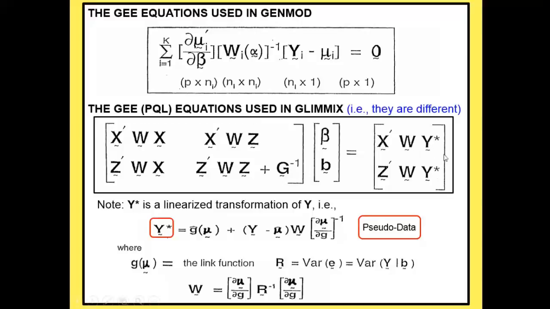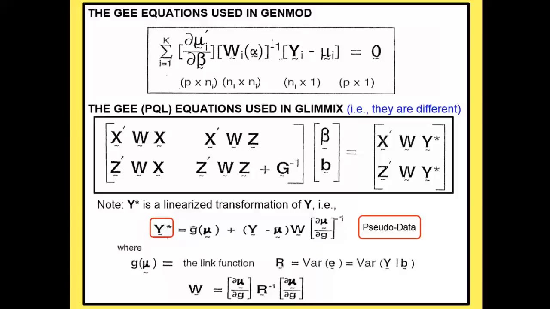and that's why in this expression I have a y star. When the computer is running GLIMMIX, it transforms the model from a nonlinear model to a linear model, transforming the outcome variable and the other variables in the model in order to actually run it as a linear model.